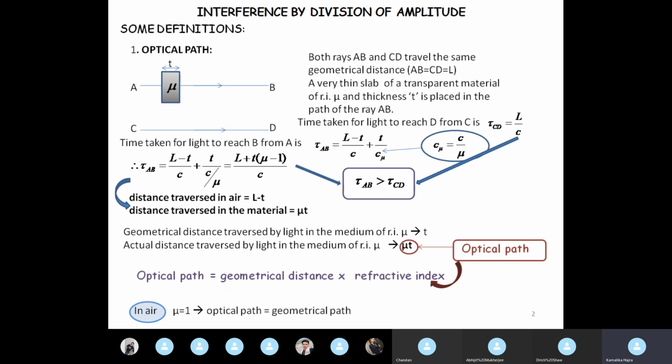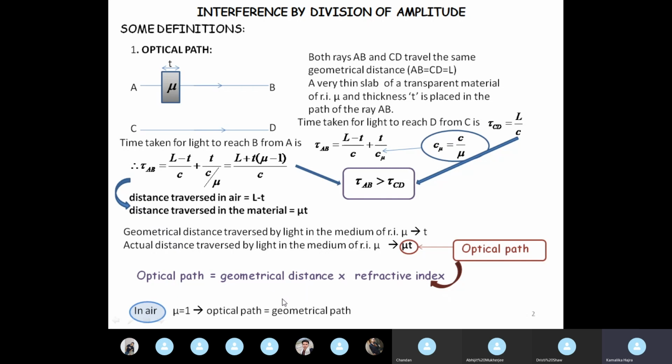optical path before, because in air mu is 1. We have till now done most of our optical experiments in air where the refractive index is 1. So when refractive index is 1, clearly optical path is equal to geometrical path.